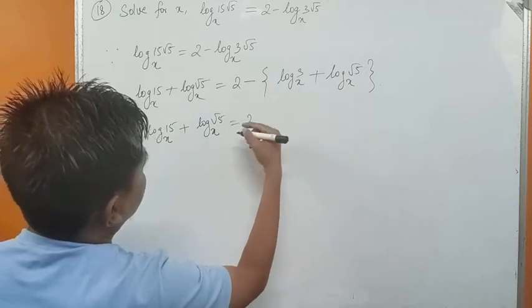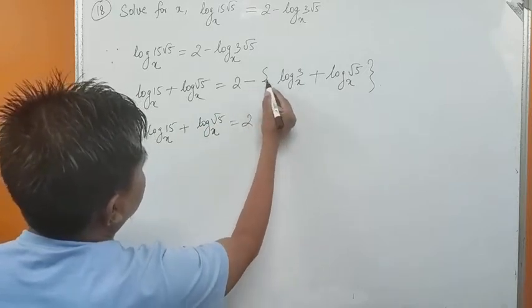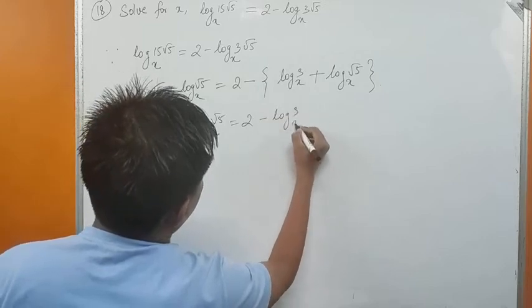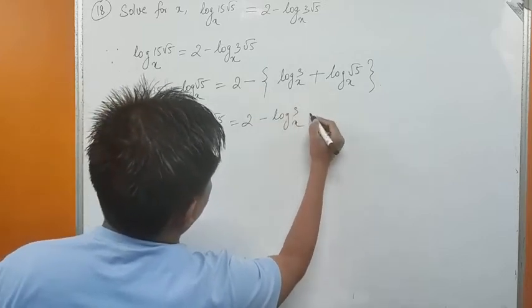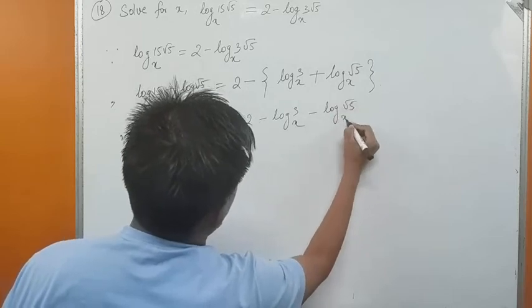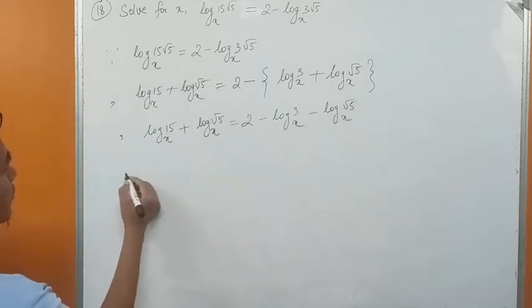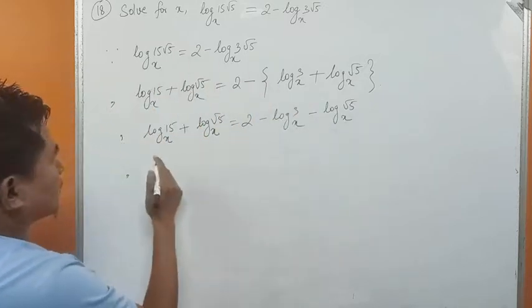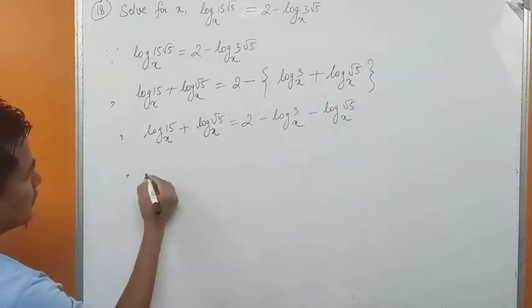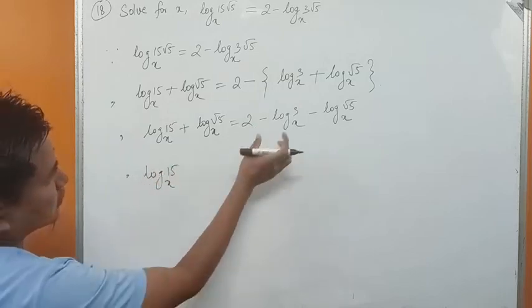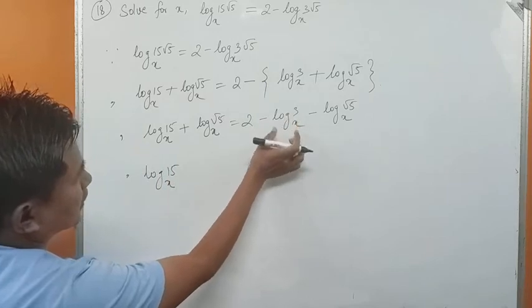Let us multiply with minus sign. Minus into plus is minus log 3 to the base x, minus into plus is minus log root 5 to the base x. Now let us bring these two numbers to the left hand side and keep this number 2 in the right hand side. So log 15 to the base x, now this is log 3 to the base x, we bring first.